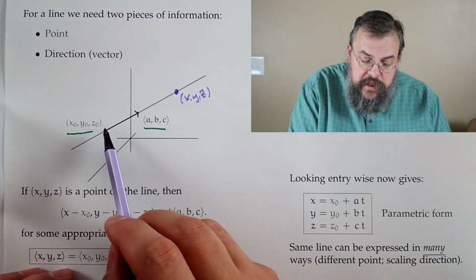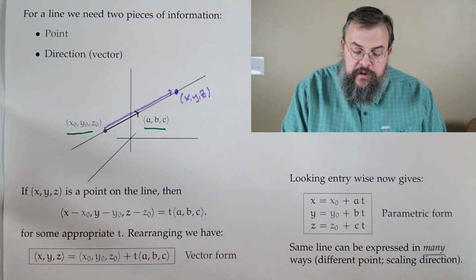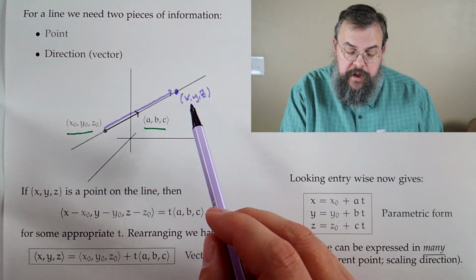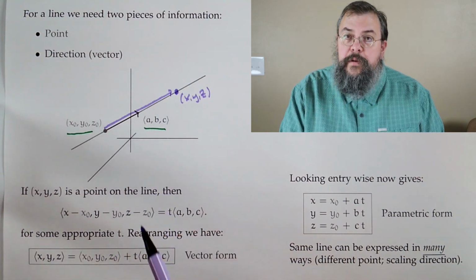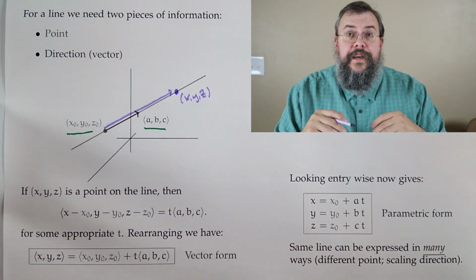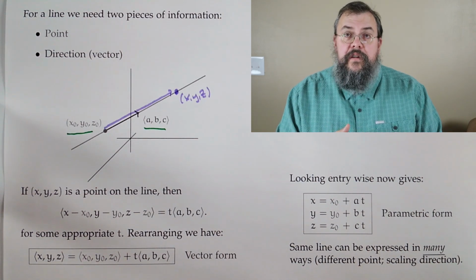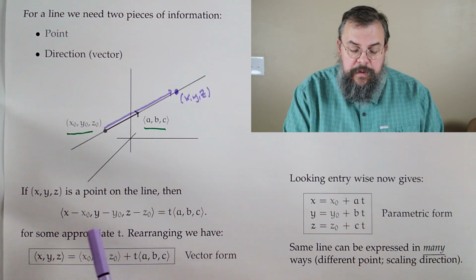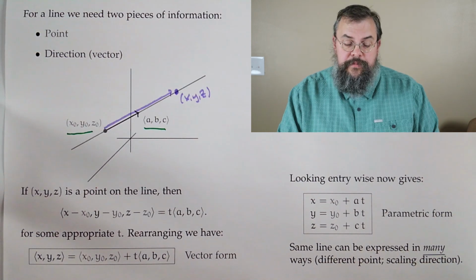Then what's true is if we look at the vector from our initial point to some arbitrary point, it's pointing in the same way as ABC. Or more appropriately, it's parallel to ABC. Well, that means it's a multiple. So we have that the difference between the points is a multiple of our direction vector.